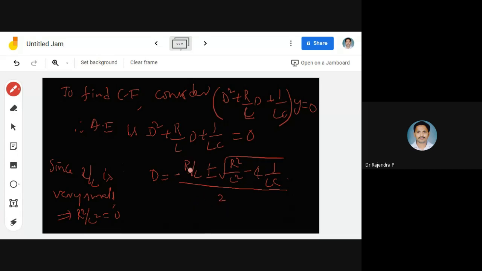So for the time being, R by L will continue. The higher order term we are going to make 0. So this is 4 by LC. In place of LC, what can I substitute?